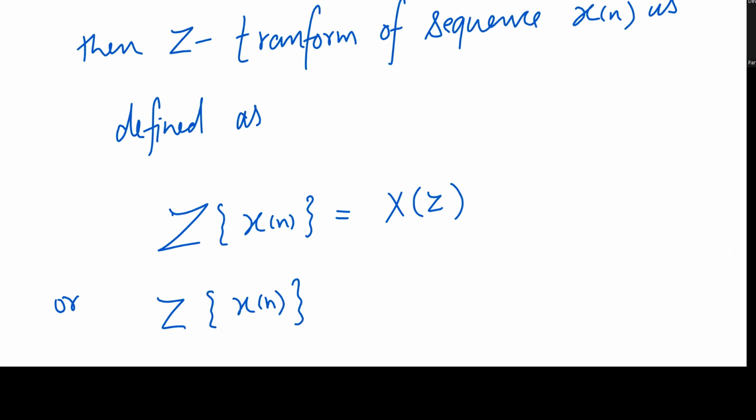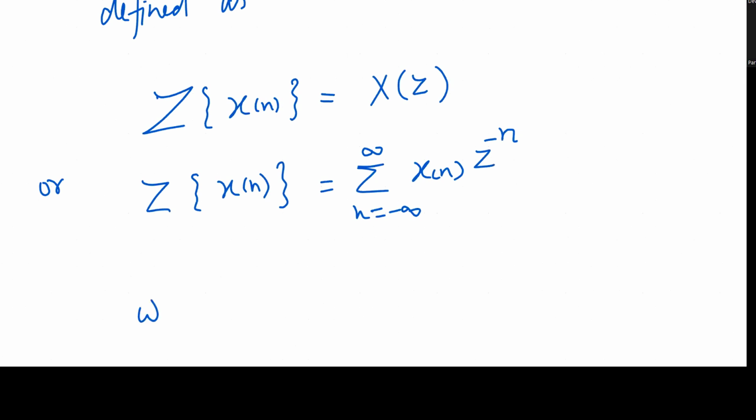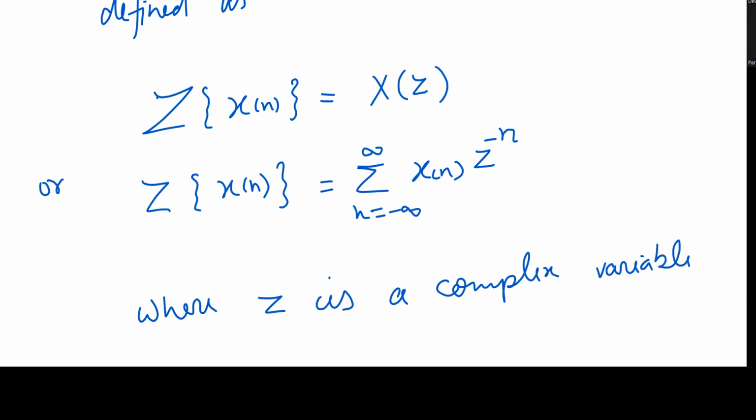This is the formula: the summation from n equal to minus infinity to infinity of x(n) into z to the power minus n, where z is a complex variable. Now you got the definition? Yes, ma'am.